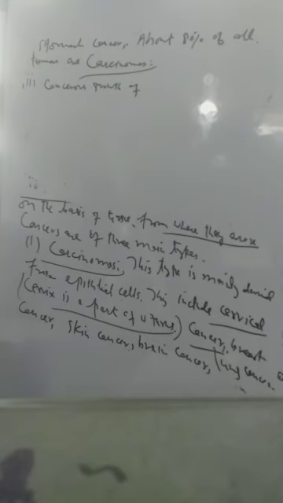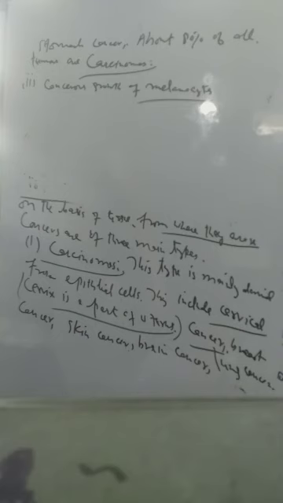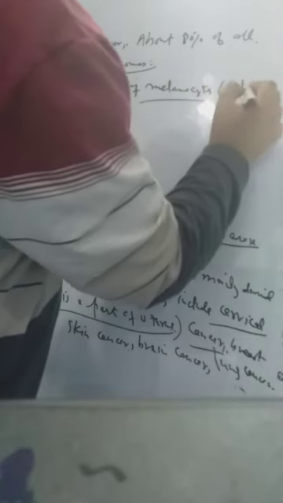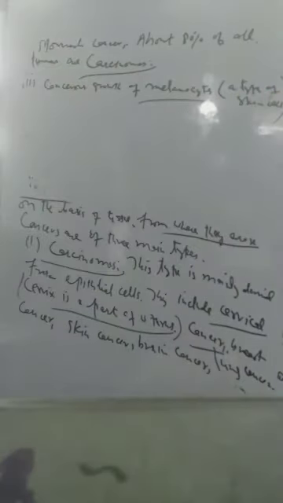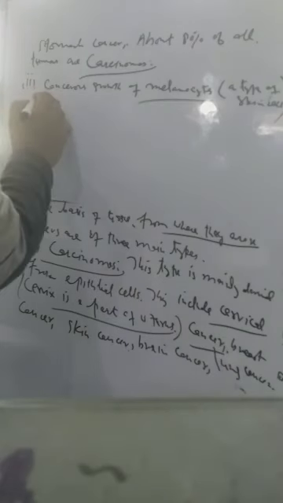You know that a melanocyte is a type of skin cell. This type of cancer is called melanomas.